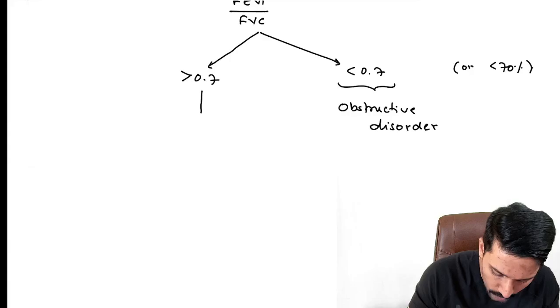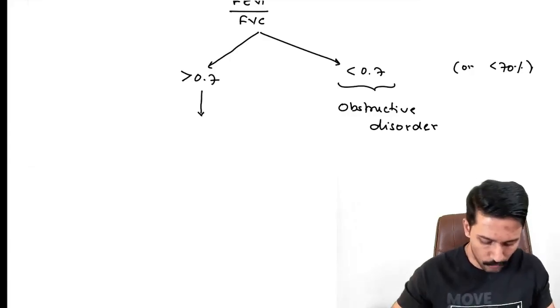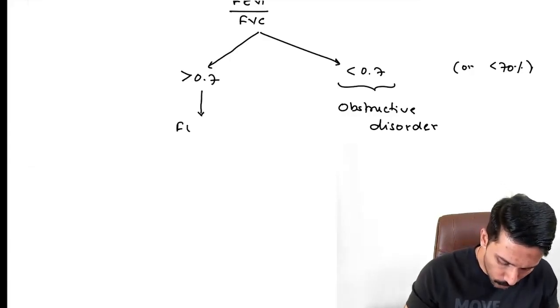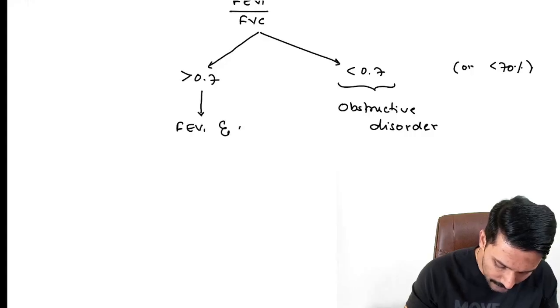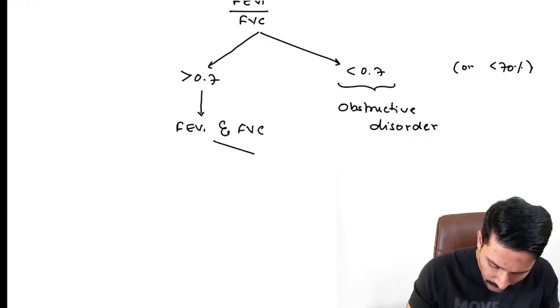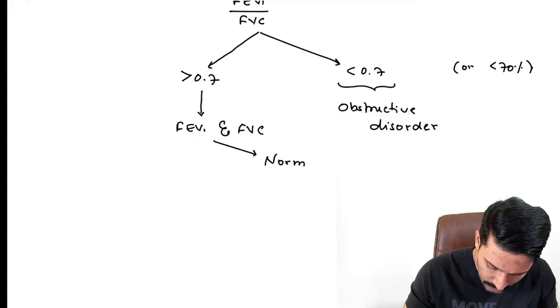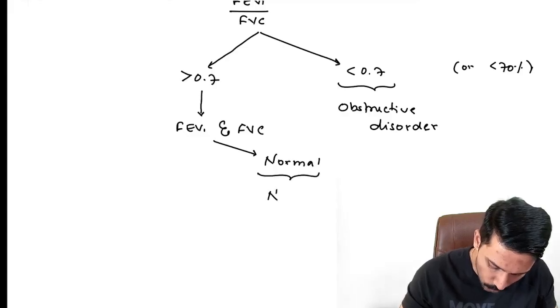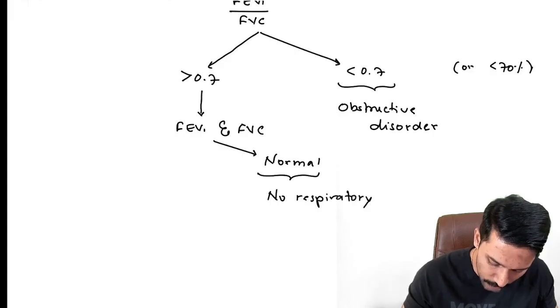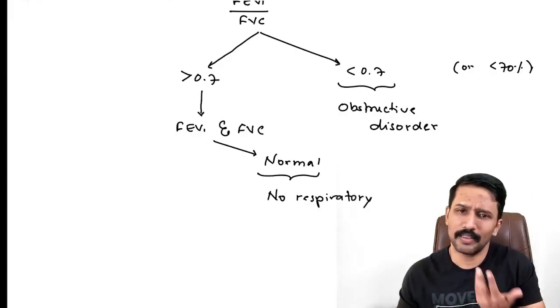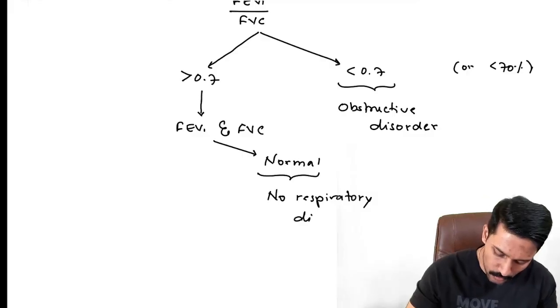So if it is more than 0.7, you have to think of what is happening to the FEV1 and FVC. If they are normal, meaning the ratio as well as the internal values, that is FEV1 and FVC, are normal, then there is no respiratory disorder at all.